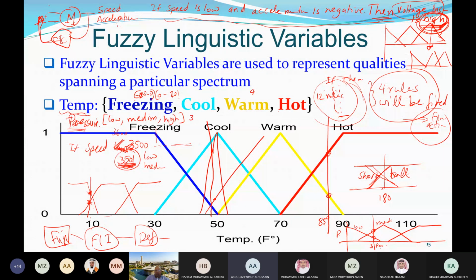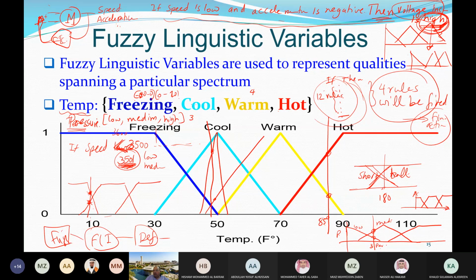Okay, one last question. The value of the voltage will be based on what? What is high in this case? You define it. You define high or low, similar to this membership function. You can say, okay, this is the voltage, and this is the membership. So this is low, this is medium, this is high.